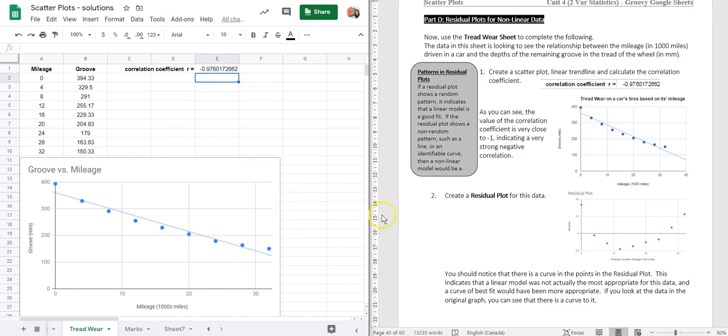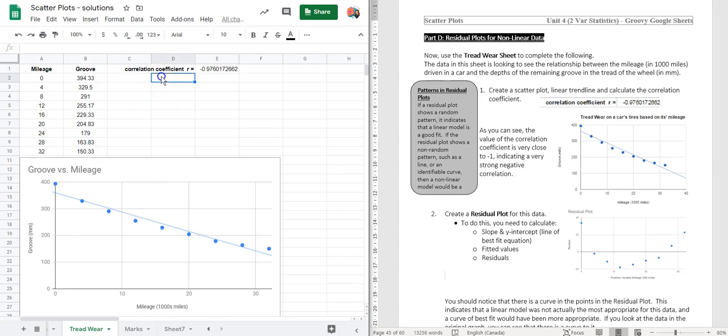So now what we're going to do is make a residual plot. To make a residual plot, we have to calculate the residuals. So we're going to have to create the slope and the y-intercept and calculate the fitted values and the residuals. So we're going to get the slope, and that's going to be equal to slope, highlight the y's, highlight the x's.